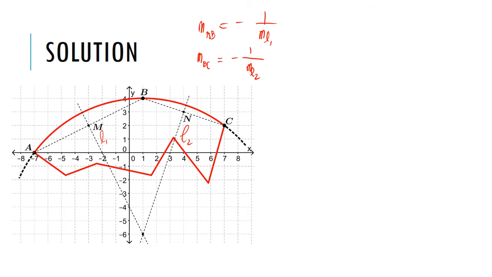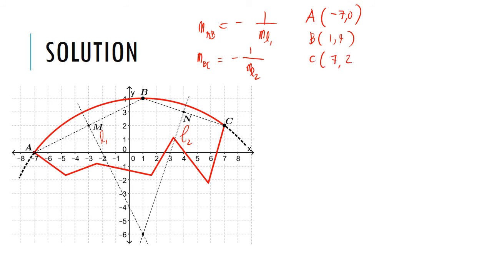If we find the slope of AB, we're going to use these two points. The coordinates of point A is negative 7, 0. The coordinates of point B is 1, 4. The coordinates of point C is 7, 2.